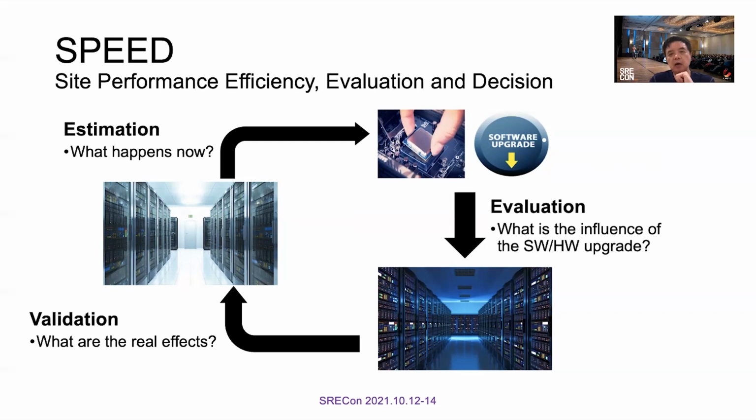The challenge is how do we evaluate that? We have many changes we would like to consider, many applications running together that need to be evaluated, and many systems that can have the change applied or not. So how do we do that?